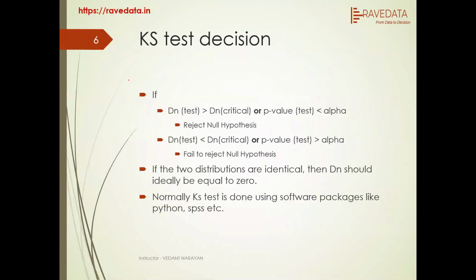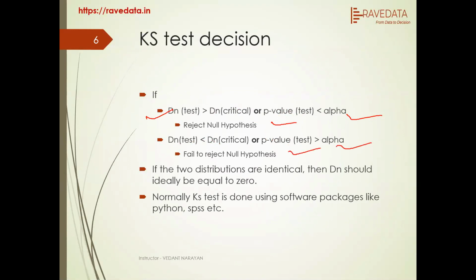Now that we know the KS test statistic, we have to check our hypothesis. The hypothesis will be checked using this condition: if Dn test is greater than Dn critical, or p-value test is less than alpha, then we reject the null hypothesis. And if Dn test is less than Dn critical, or p-value test is greater than alpha, then we fail to reject the null hypothesis.